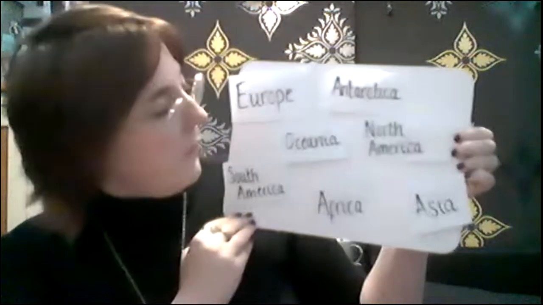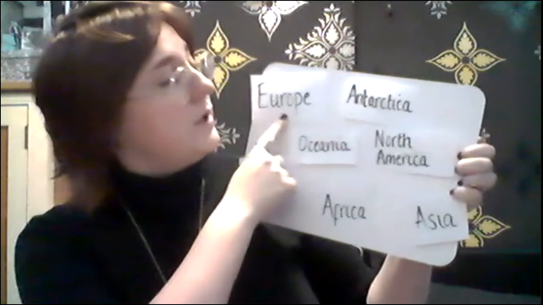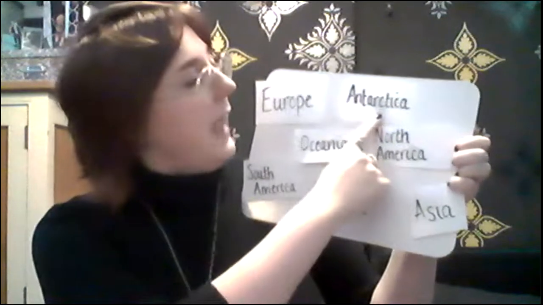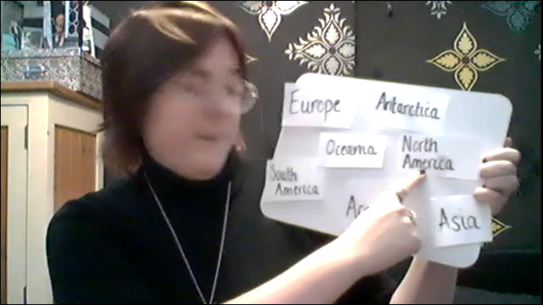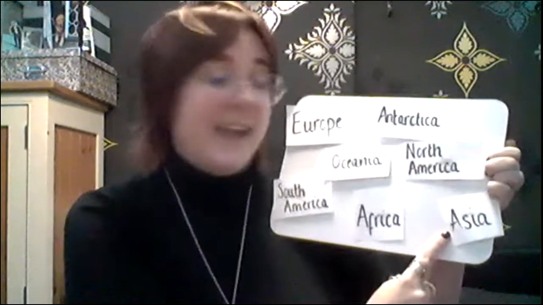So I thought we would play a game, and I heard that you are very good at Kim's game. So I thought we would play that. So I'm going to stop sharing my PowerPoint so you can see me, and we're going to play this. So I've got all of my 7 continents: Europe, Antarctica, Oceania, North America, South America, Africa, and Asia.